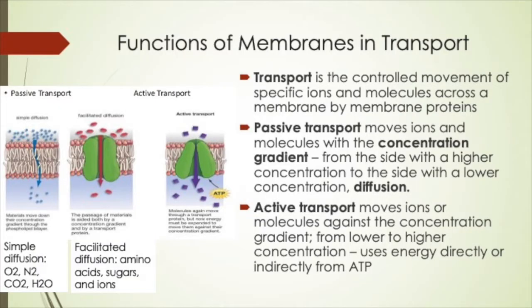So we have these transport proteins, right? Certain transport requires transport proteins, but not all transport does. So we can talk about transport in general. Transport is the controlled movement of specific ions and molecules across a membrane, either by membrane proteins or just across a membrane in general.